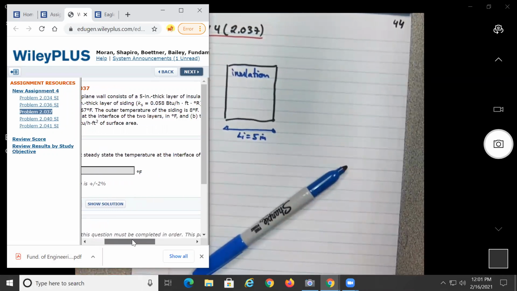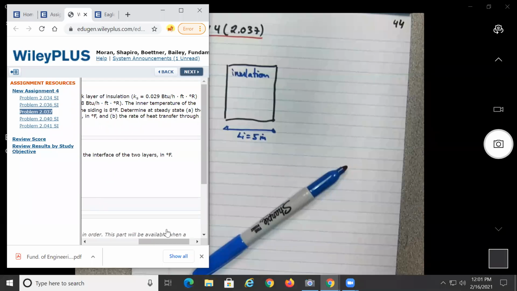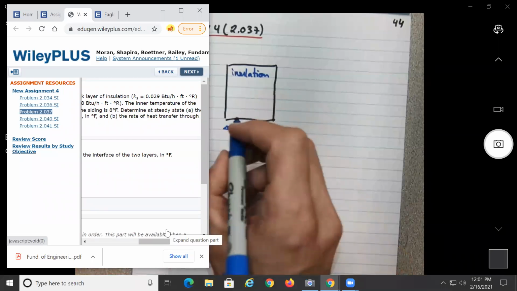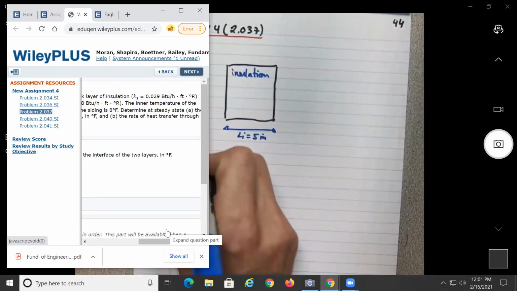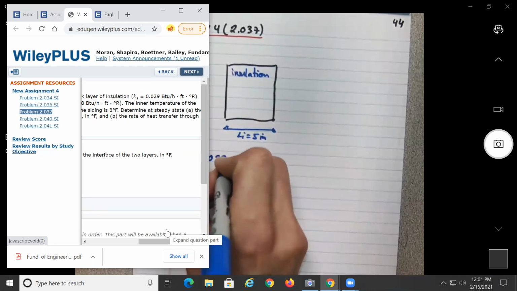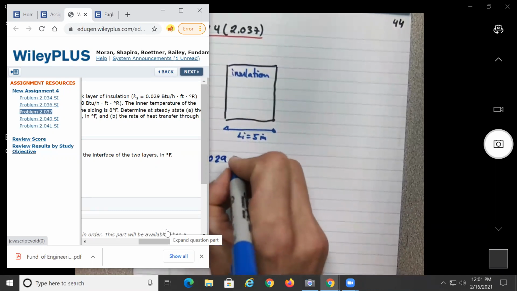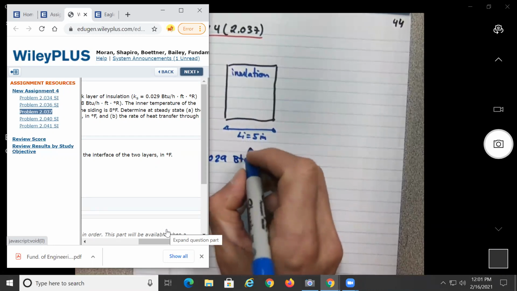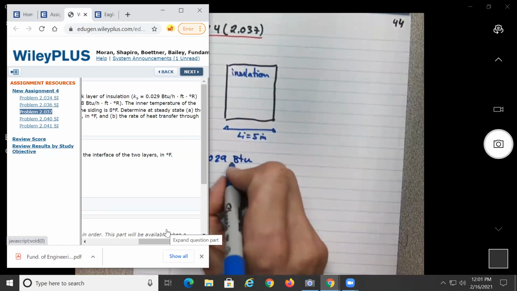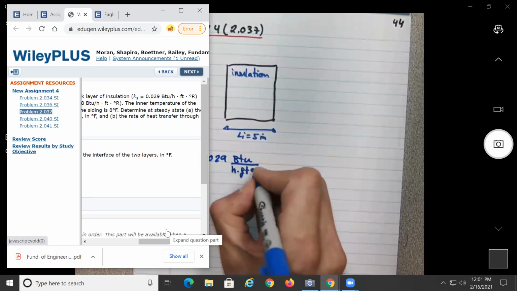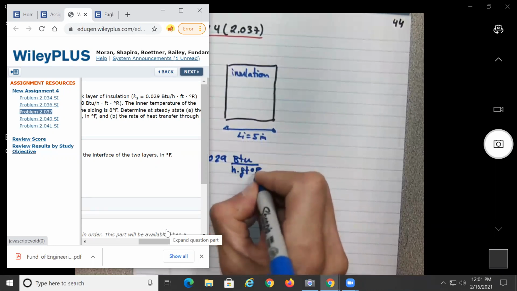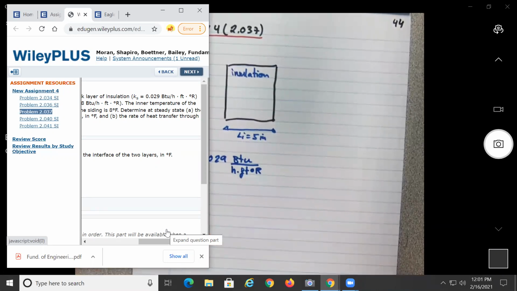And what else do we know? K insulation is 0.029 BTUs per hour foot Rankine.